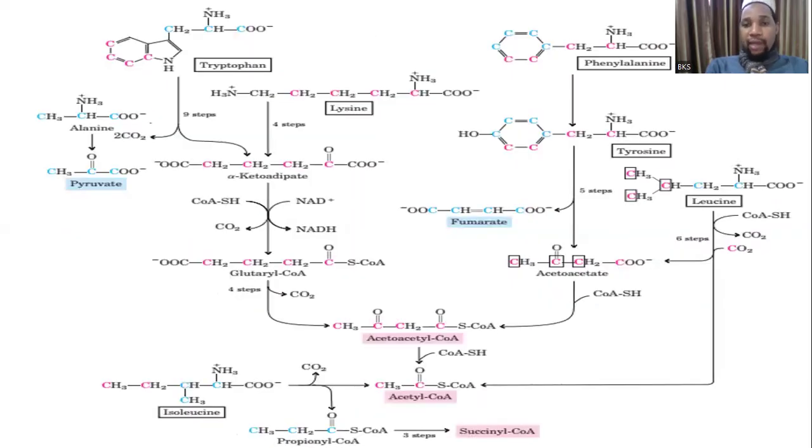So we have phenylalanine oxidized to tyrosine, and then tyrosine, through a multi-step reaction, leads to formation of fumarate and acetoacetate, which I told you about. The acetoacetate can now combine with coenzyme A to form acetoacetyl CoA.